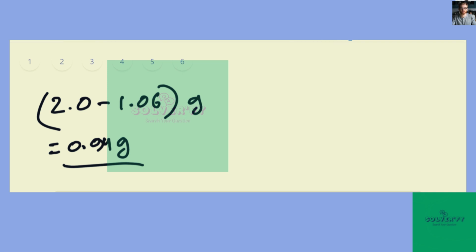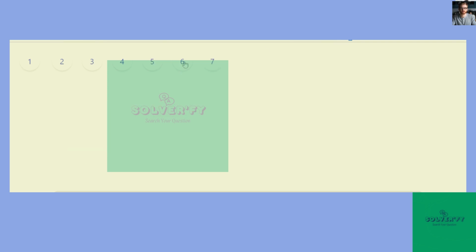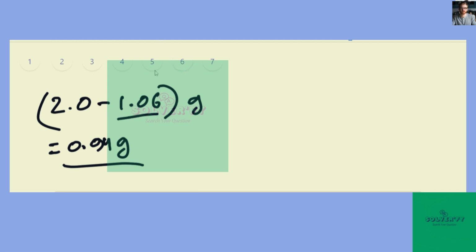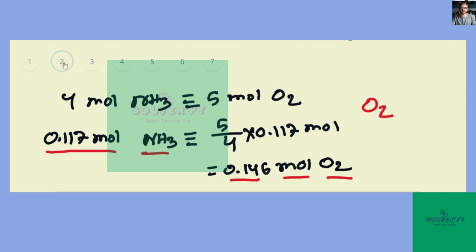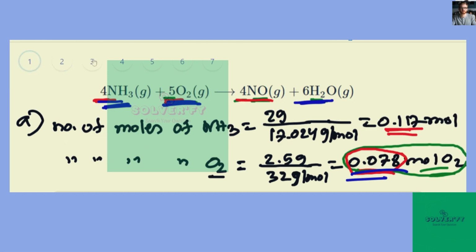So here we have 1.06 gram of NH3 reacting with 2.5 gram of oxygen.